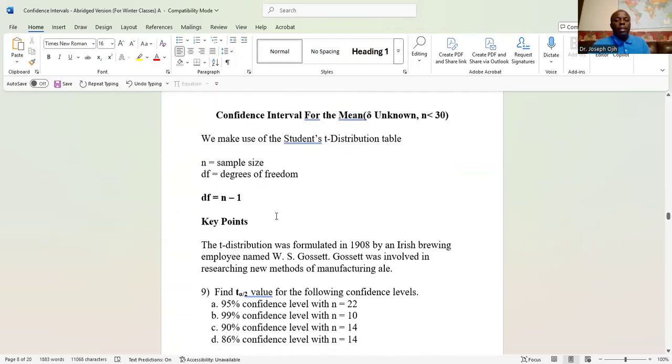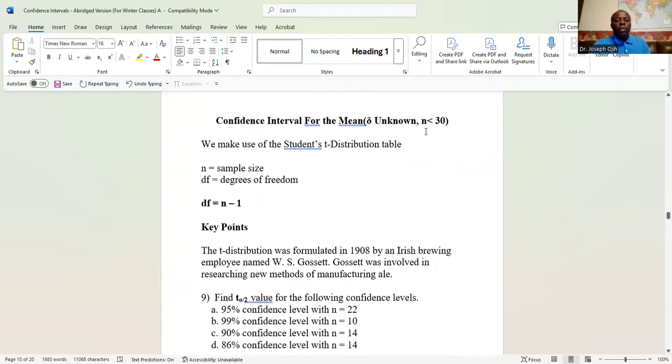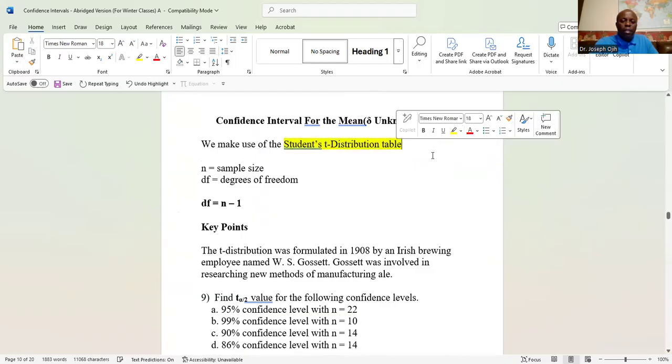Let's look at the situation whereby the confidence interval is for the mean when sample size is small. In this case, the sample size is less than 30. So for that, we use a table that is called the student t-distribution table. But for this class, we'll be using Excel. This table is based on sample size and what we call the degree of freedom.